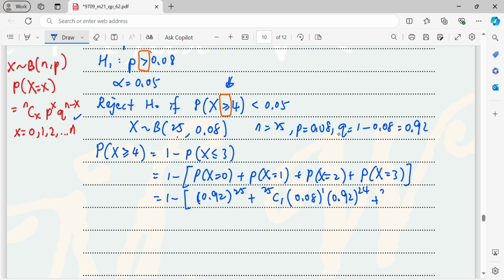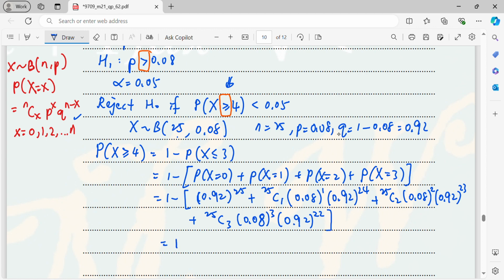Okay, same goes to P(X=2). Lastly, 3 successes. And then it will be 22 failures.